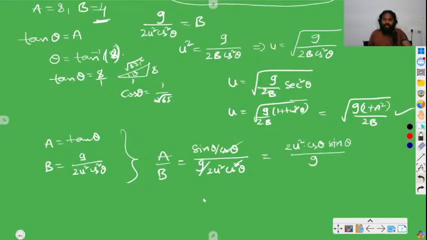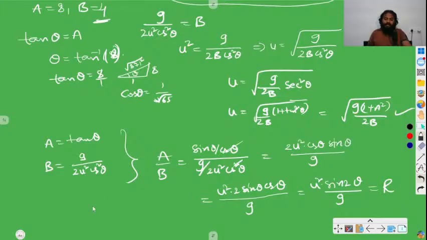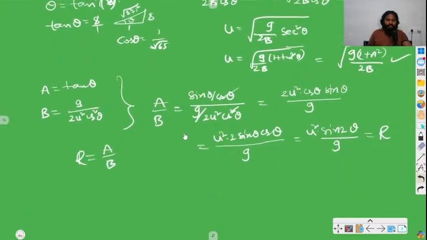That is equal to u square into 2 sin theta cos theta by g. Now you can write it as u square sin 2 theta by g, which is nothing but r. So from this I can tell that the range of the projectile, r, is equal to a by b from the equation. This has been asked many times in examinations. Please remember it.